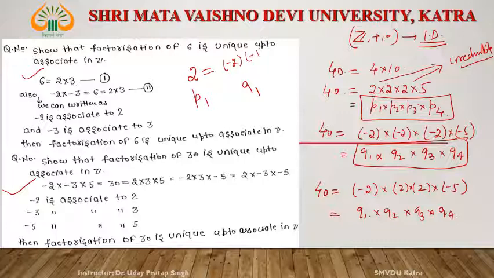So this is Q1, this is P1, and what is minus 1? This is U. And we are talking about Z. What is UZ? UZ means units of Z. That is 1 and minus 1. Only these two elements of Z have a multiplicative inverse in Z.